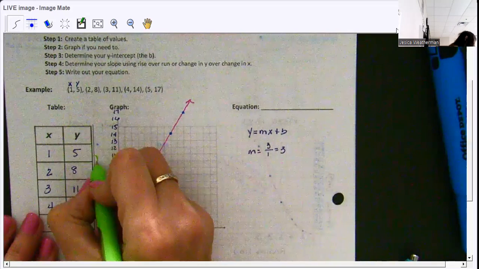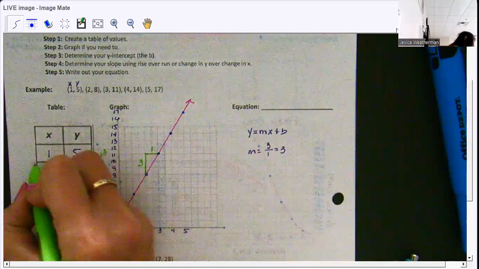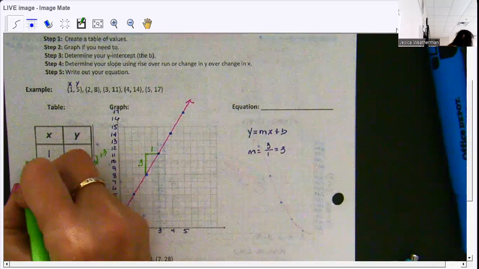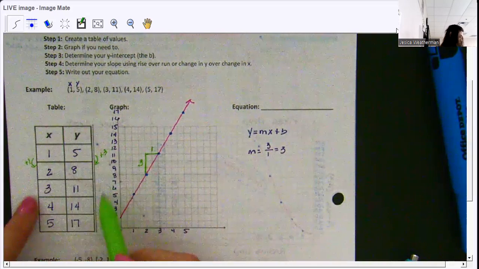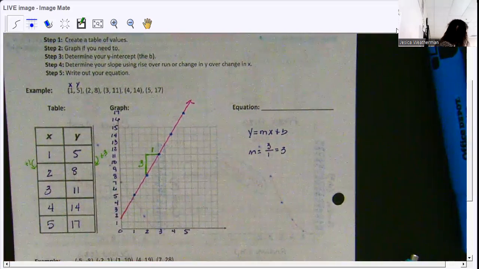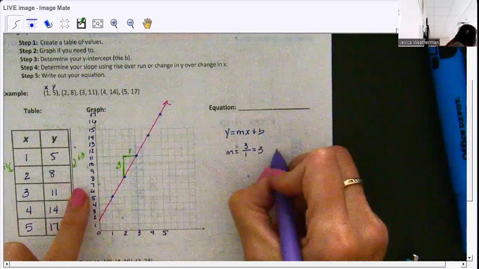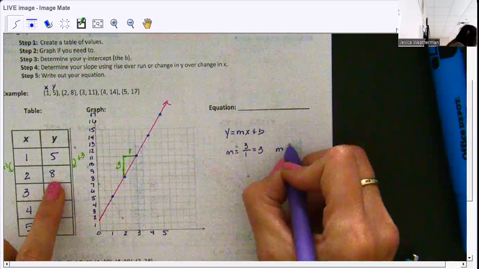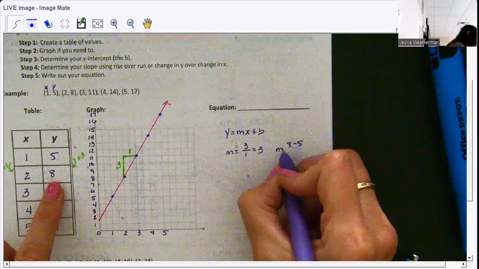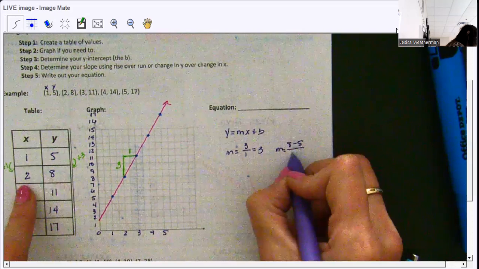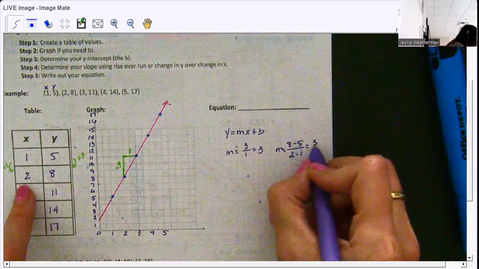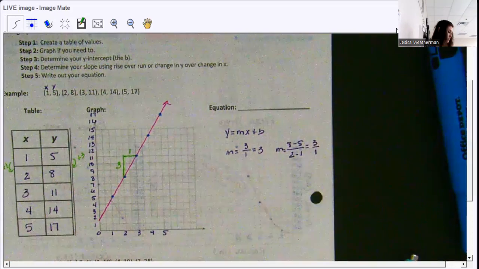So I'm going up 3 and up 1. And you want to make sure that that is the same every time, and it is. I could also do y2 minus y1 over x2 minus x1, and you get 3 over 1, which is 3. So we know the slope is 3.